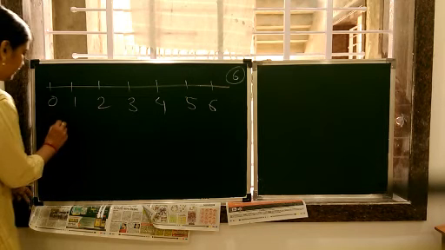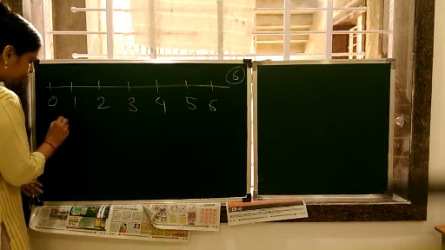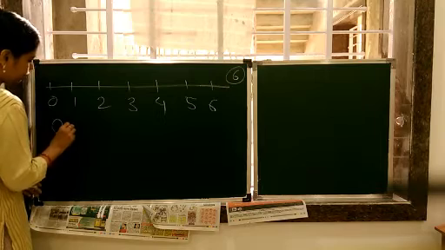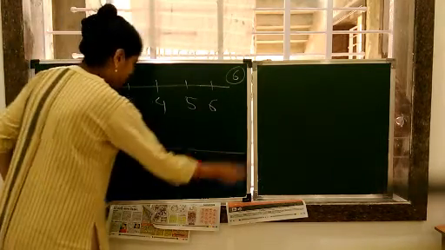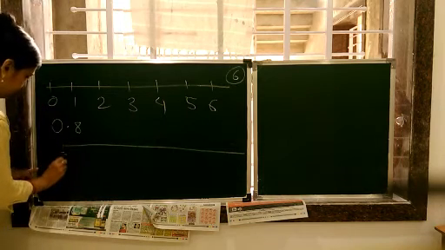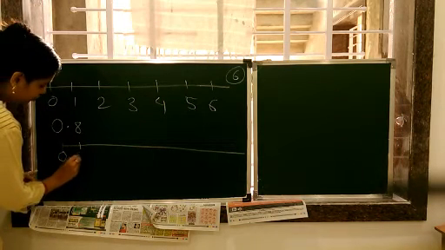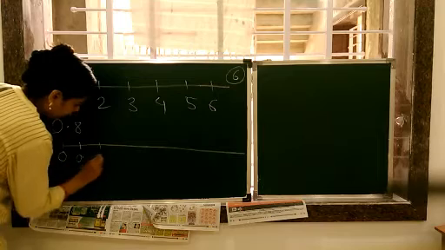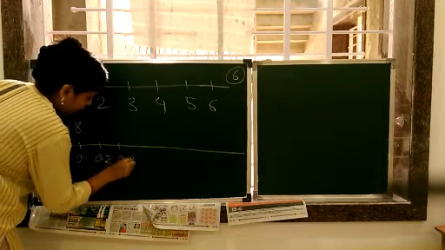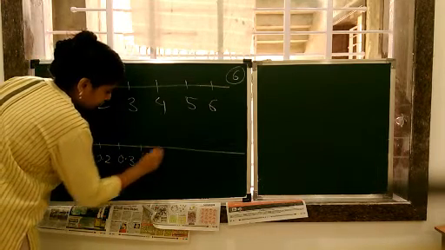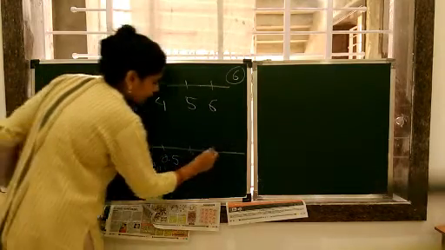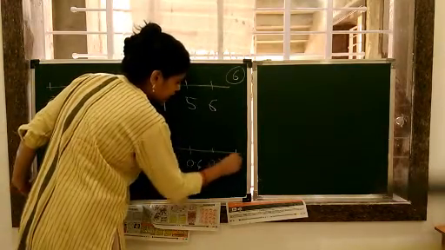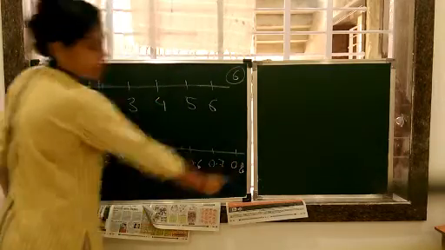Now, how to show a decimal, like for example, 0.8. Very simple, children. Once again, you can see here, this is 0. After 0, you will draw 0.1, then 0.2, 0.3, 0.4, 0.5, 0.6, 0.7, 0.8.